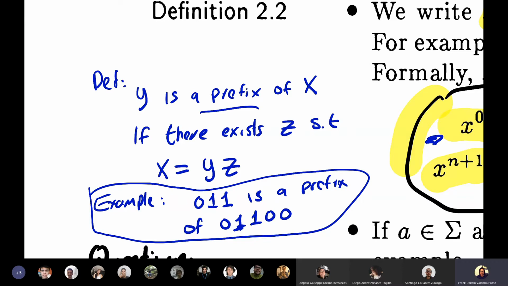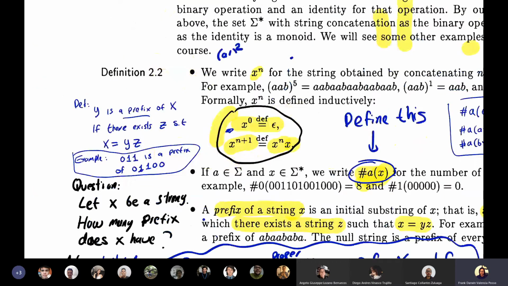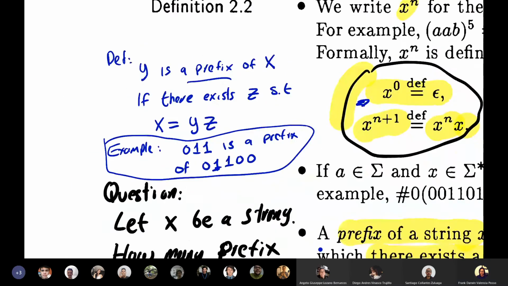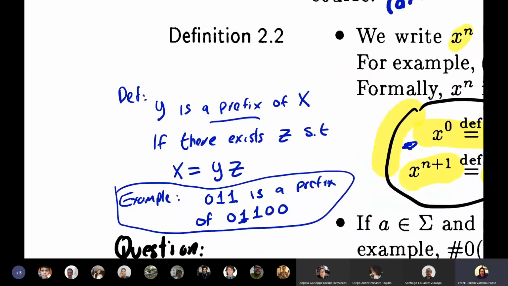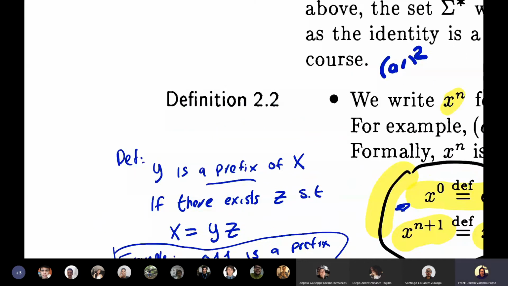the prefix is proper if it's not the string itself. So that's a nice exercise. So this is a prefix. Question: is x a prefix of itself?